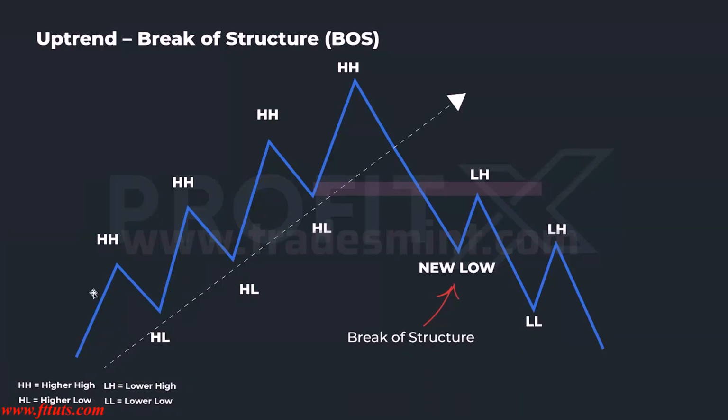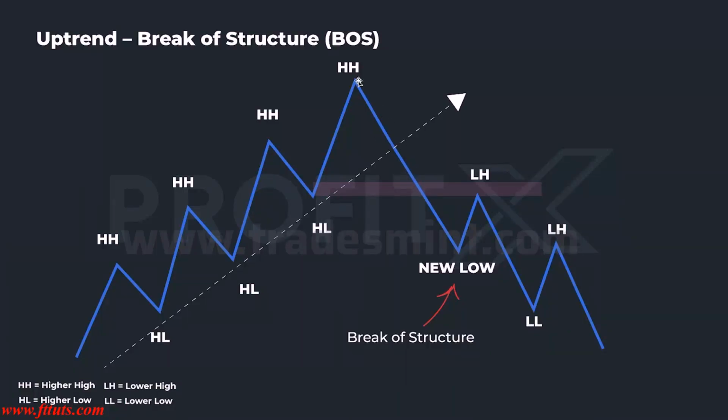So when you see higher highs, higher lows being created, there's an uptrend. One sign of the trend possibly reversing, and what gives us in our edge a high probability setup, is when there's a higher high that's created and a new higher low should be created. Like you see these higher lows, a new higher low should be created.